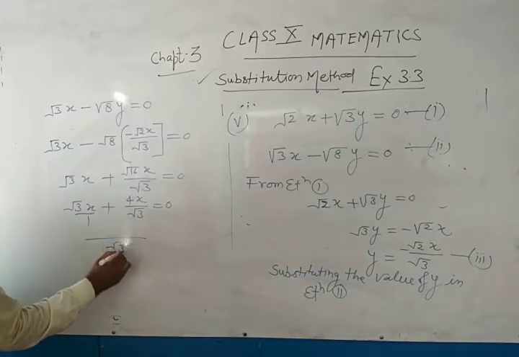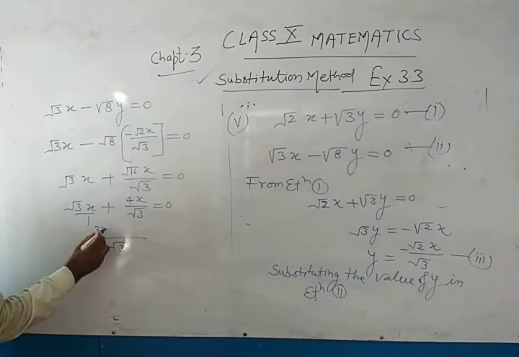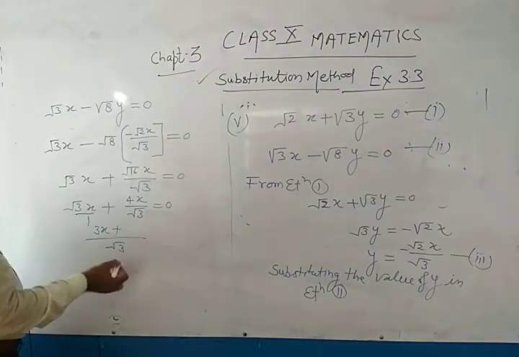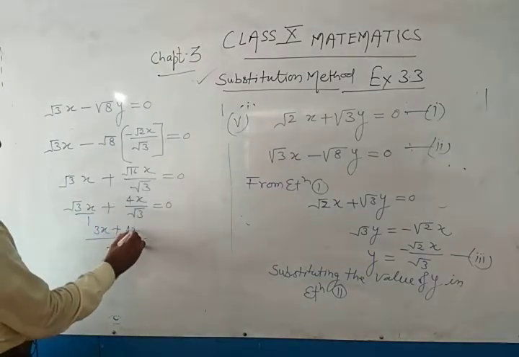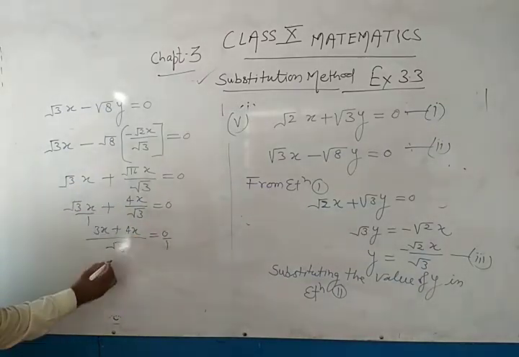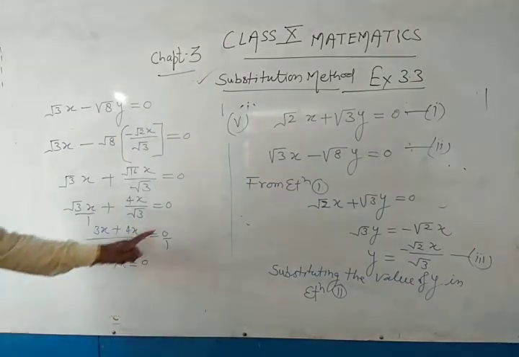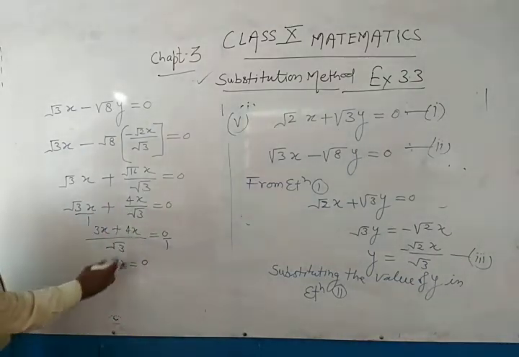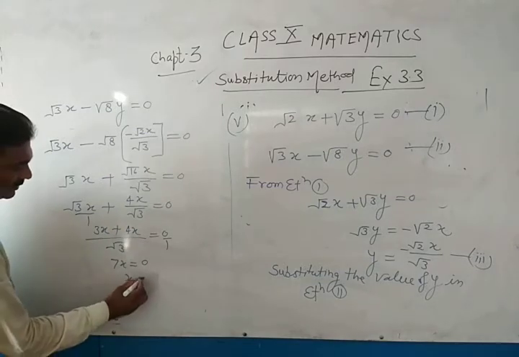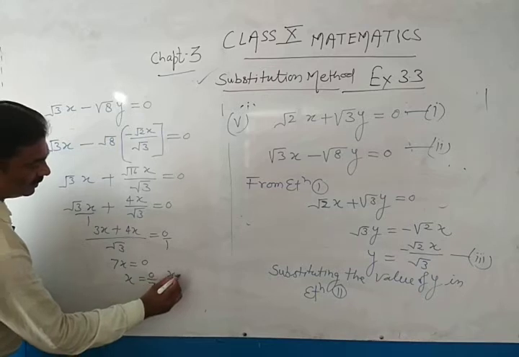Root 3 is LCM here. Now root 3 into root 3 is 3x plus 4x is equal to 0. And now by cross multiplication, 7x is equal to 0, because root 3 into 0 becomes 0. 7x is equal to 0, therefore x is equal to 0 upon 7, and you know very well that x is equal to 0.